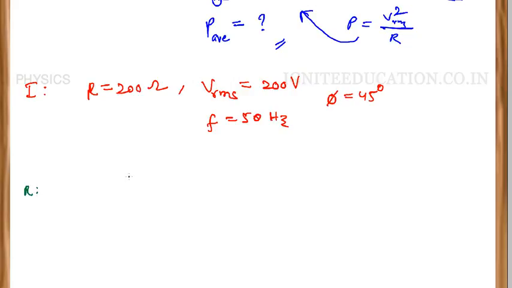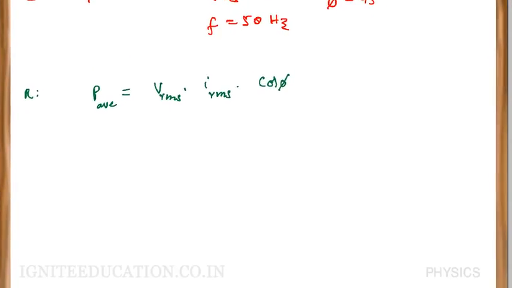Now I am going to solve the problem. I am writing the average power formula when the resonant condition is not given. P average is equal to Vrms into Irms into cos phi. That is the formula for the average power dissipation in an LCR circuit when the resonant condition is not given.